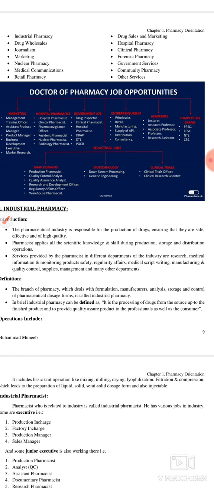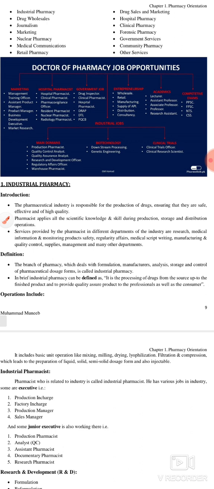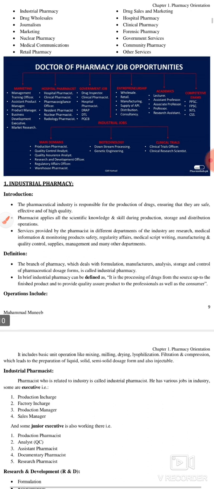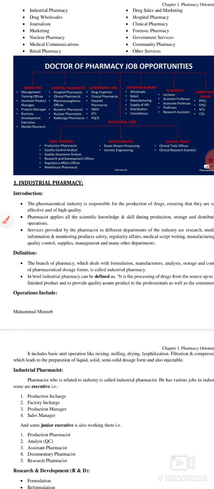The pharmacist applies all the scientific knowledge and skills during production, preparing all the medicines. It is the department in the industry which controls the research, holds all the medicinal information, ensures whether a safe drug is going to be produced or not, and checks the quality.